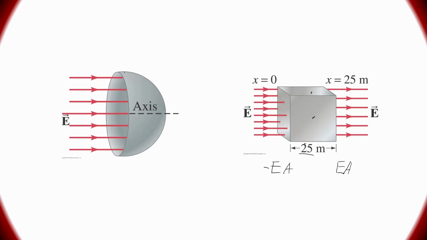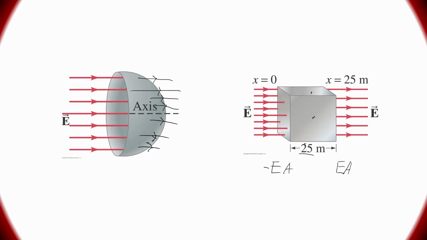Here's another example. If we wanted to find the flux through this curved surface here, that might be a little bit tricky because the angle, I don't know why I don't have the electric field coming all the way through, but it should be. Missed my mark there. Anyway, the angle between the electric field and the surface is always changing, so we're going to have to integrate, and it's going to be a bit of a pain.